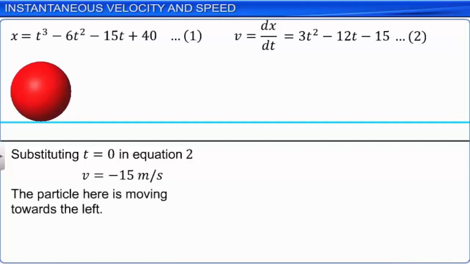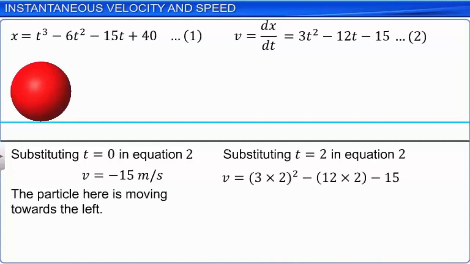Substituting t is equal to 2 in equation 2, v is equal to 3 multiplied by 2 square minus 12 multiplied by 2 minus 15. 12 minus 24 minus 15. Minus 27 meters per second. The particle here is moving towards the left.